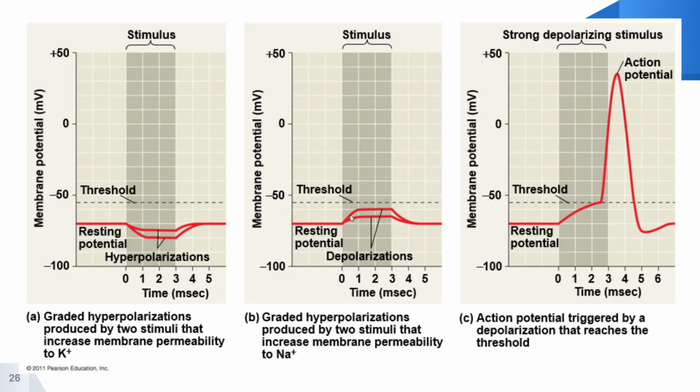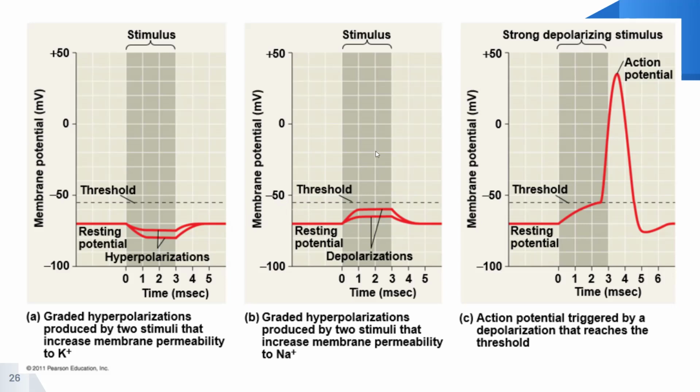But if you've got a depolarization, making it more positive inside the cell, that is what is going to initiate an action potential, but only if it reaches a certain threshold. So if a signal is not strong enough, if it doesn't send enough of those positive ions into the cell, it's not going to send a signal.